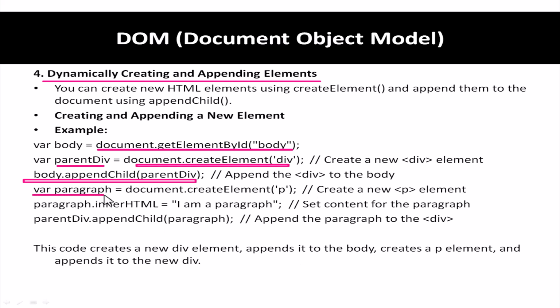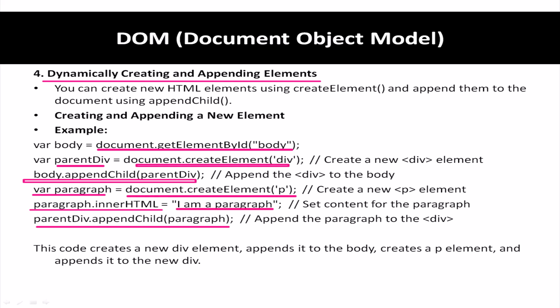Next, variable paragraph tag, document.createElement para. Next, paragraph.innerHTML, and inside the innerHTML it is going to display the message I am a paragraph. Next we are going to append the child, that is, append the paragraph to the division tag. This is an example of how we are going to use parent and child tags.